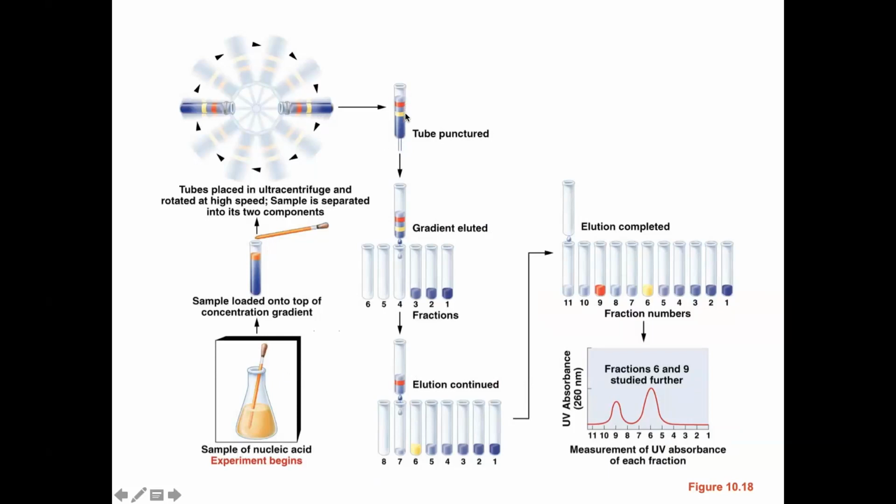That means that in the original bacterial cells, there must be two different populations of DNA molecules, one of which has a higher density than the other. And so you can measure that density difference, because the position of the bands in the gradient, the cesium chloride density, is equal to the density of the DNA within that band.